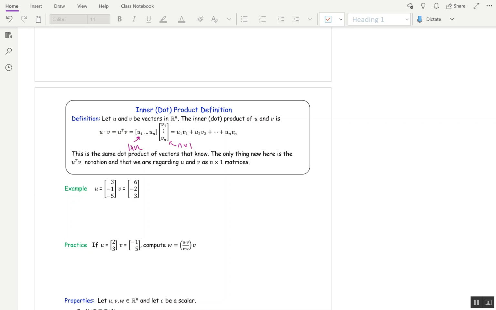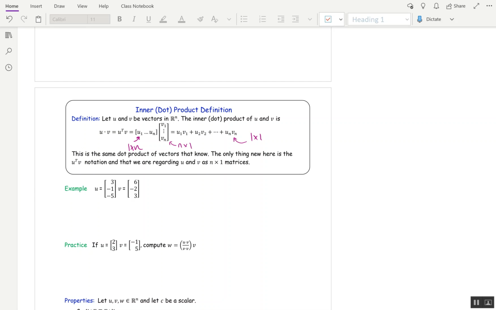And my answer, when I do that matrix multiplication, will be a 1 by 1 matrix, which we know is just a number. So nothing's going to change in terms of the way you dot two vectors. This is just a definition we're going to use to help us get where we're going.